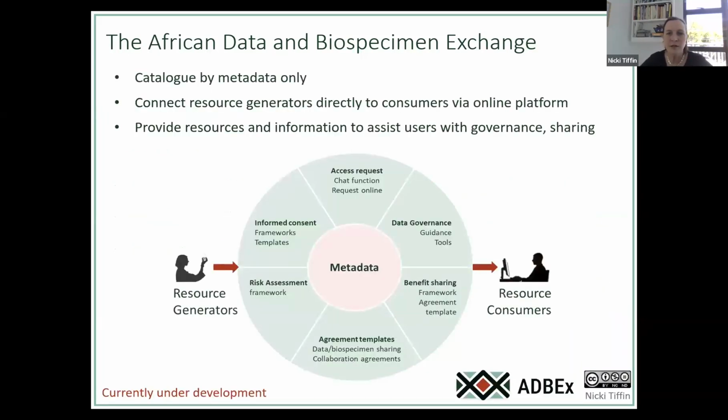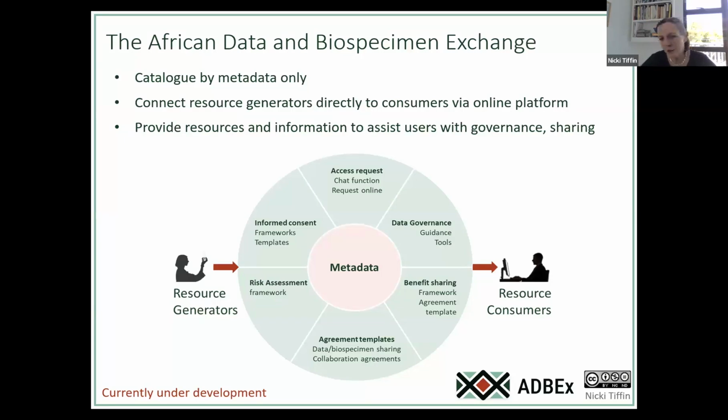The way the exchange works is that when somebody has a resource they want to share, let's say a data set, they can, as a user, go onto the platform with a validated profile, and they can essentially upload the metadata about the data set they're holding. They don't upload the actual data, they just upload the information about the resource they have to share.